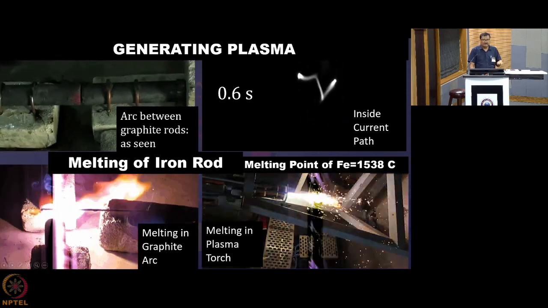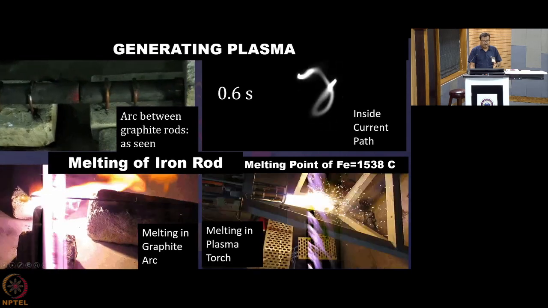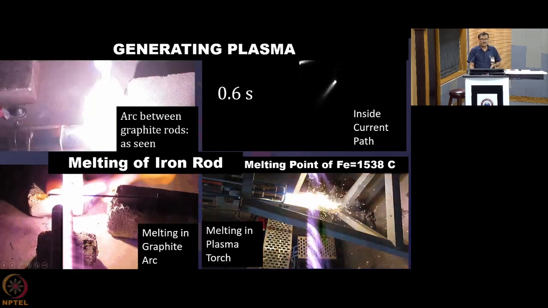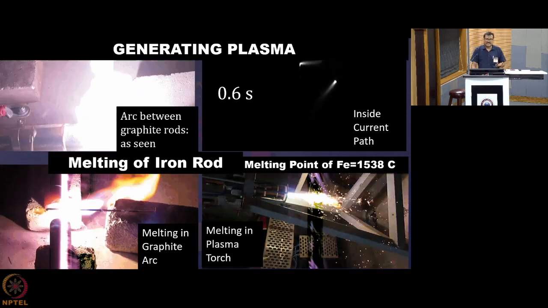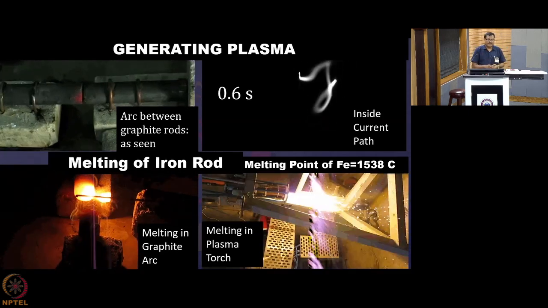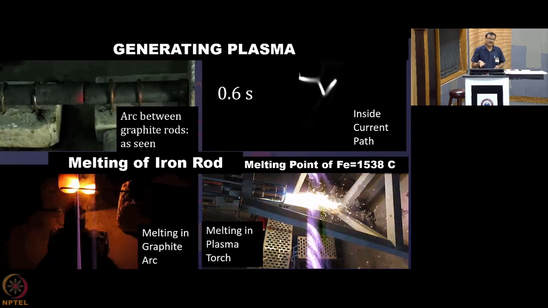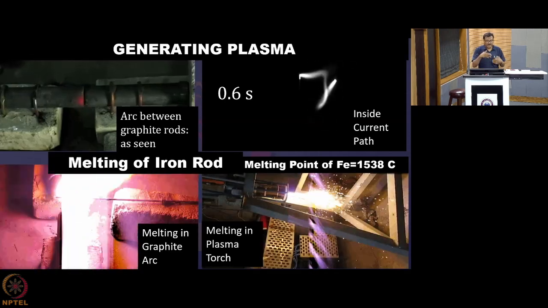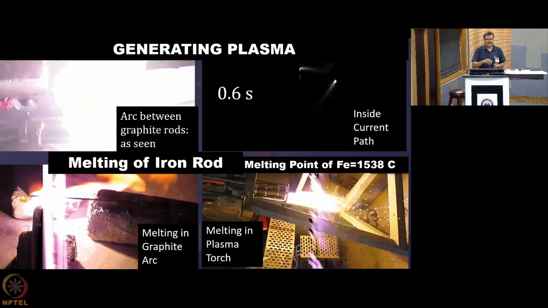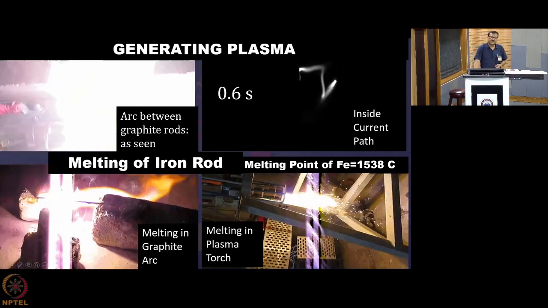It is melted inline and pushed away by the plasma jet. You can see the droplets which are coming out. It is so interesting to see that the plasma jet is able to melt that iron rod which did not melt in the previous case, when it was inserted in the open plasma jet which was hovering here and there. Now it melts like milk in this plasma jet.